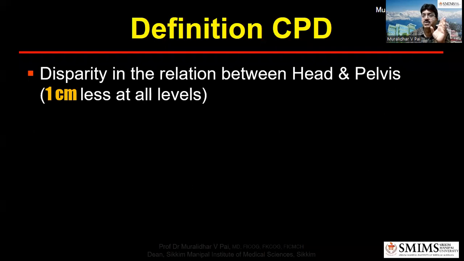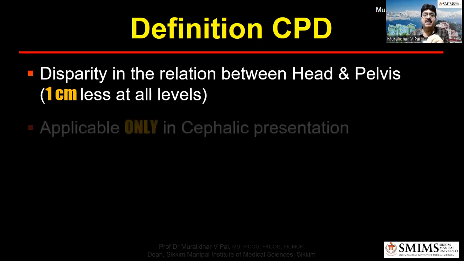You need to know the qualitative definition, which simply says disparity. But you must know the quantitative definition, because that's the one which will later tell you whether this given patient can go for trial of labor or not. I will explain that beautifully a little later. So right now, remember it's less by 1 centimeter at the brim, at mid cavity, and at the outlet.